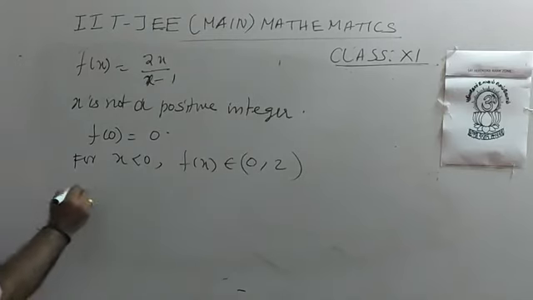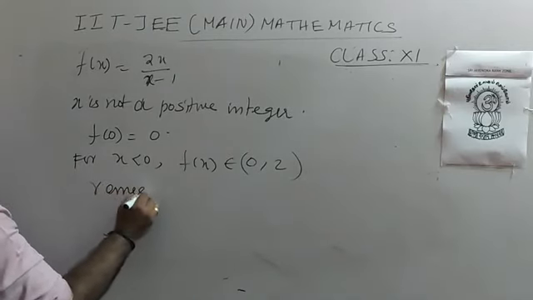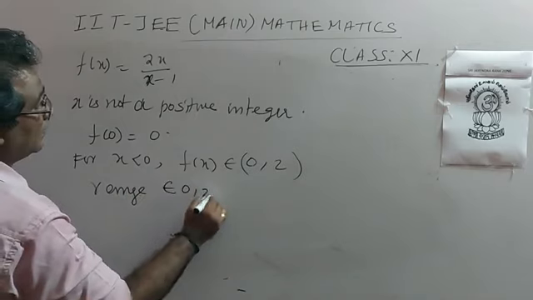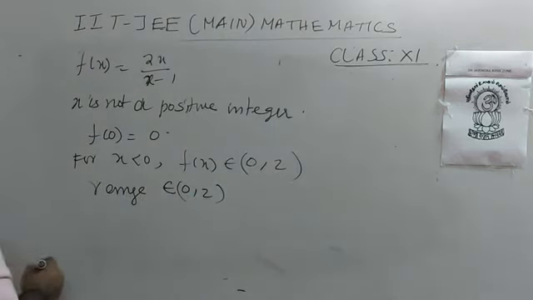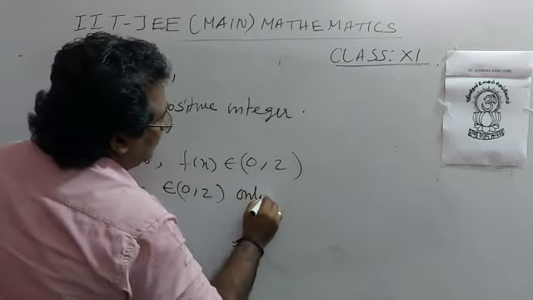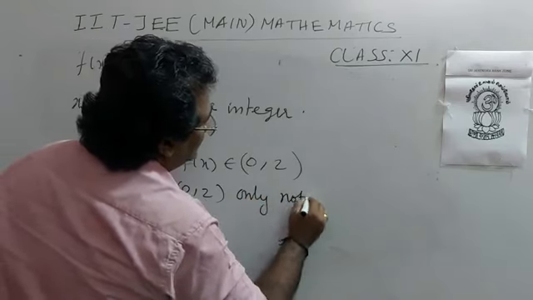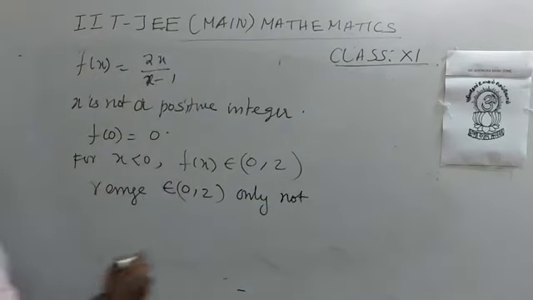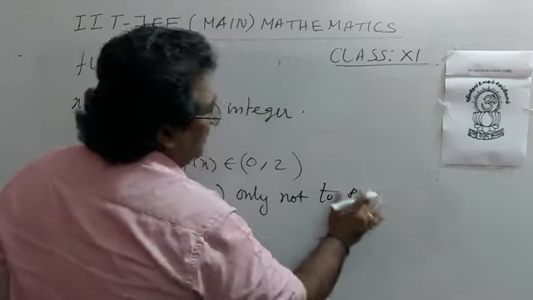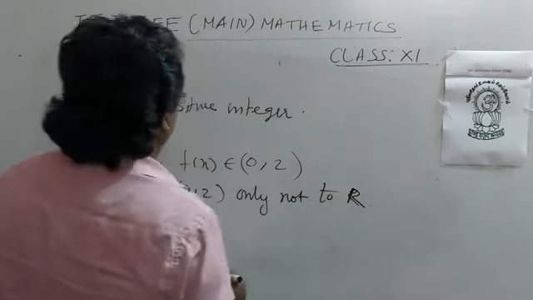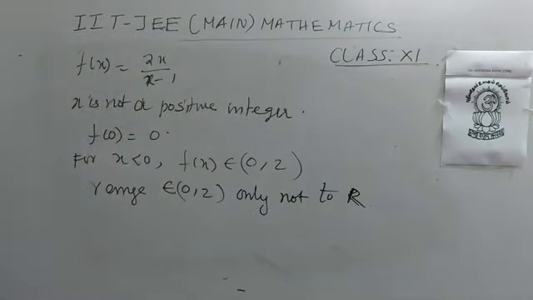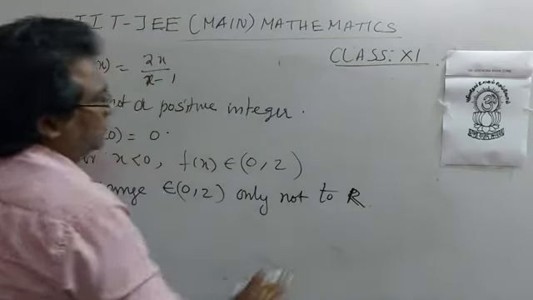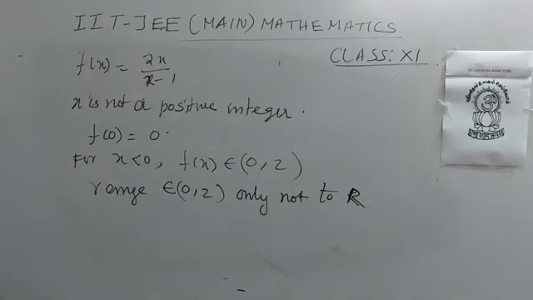So range belongs to (0, 2) only, not to R. R means whole real numbers. So (0, 2) is a subset of R. Therefore, there are many elements in R which do not have a pre-image.